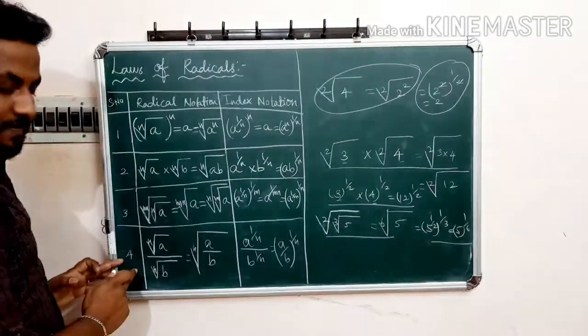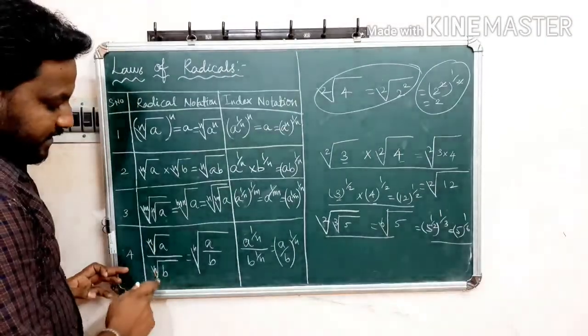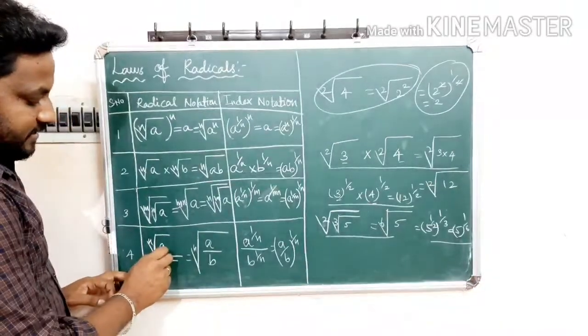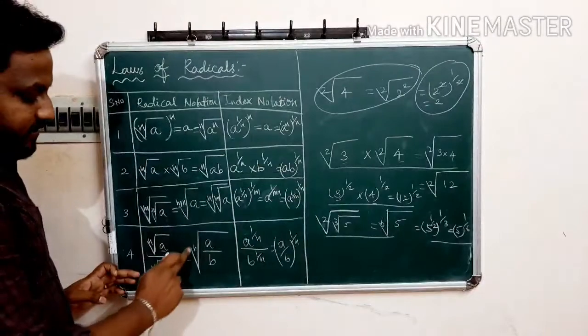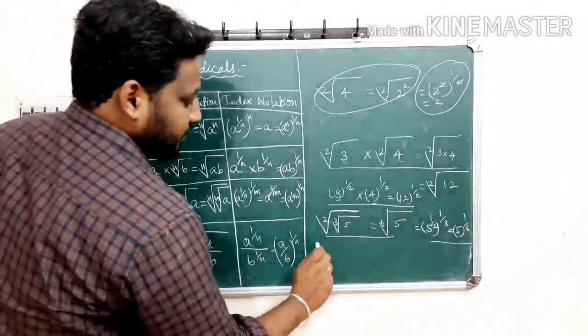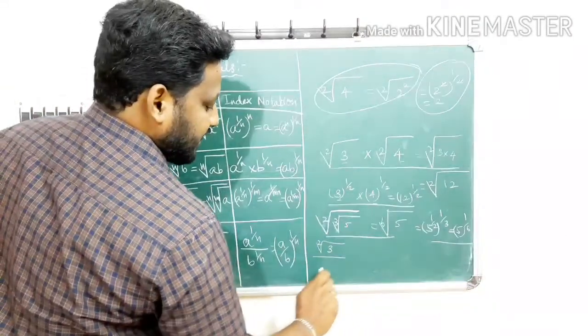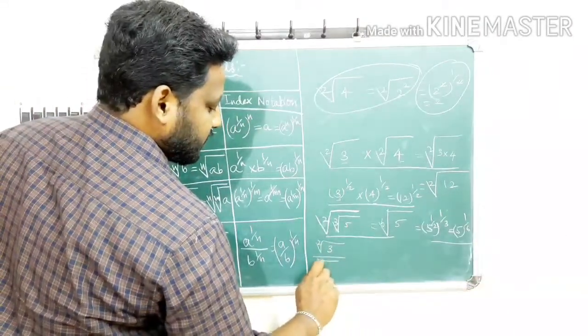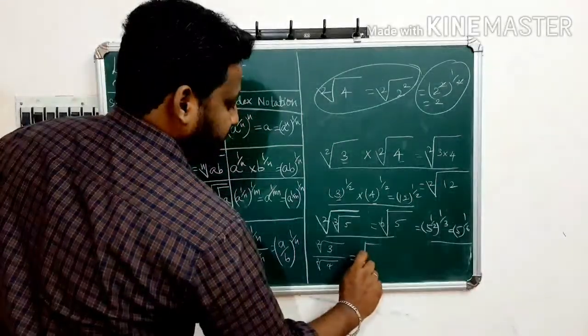Same way, the division type: the nth root of a divided by the nth root of b. The numbers inside are different, but the roots are the same. So we take the common root n of a divided by b. For example, the square root of 3 divided by the square root of 4. We can write it as the square root of 3 by 4.